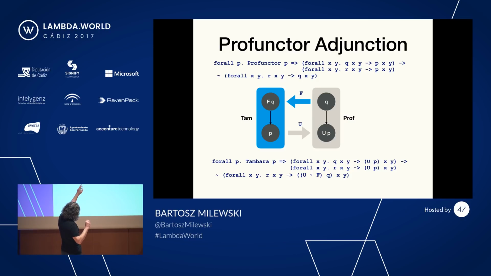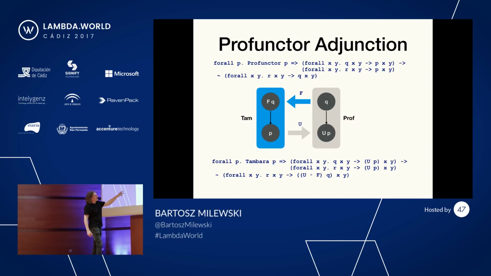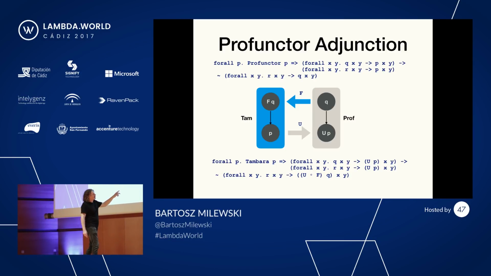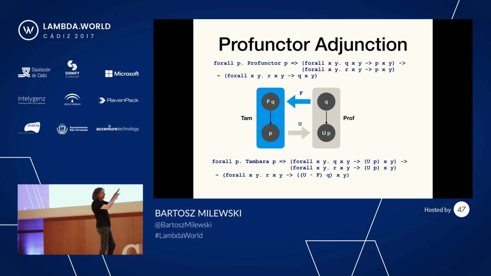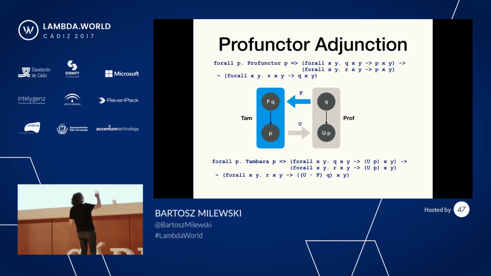So this at the top is just a repetition of the Yoneda lemma in the profunctor category, right? And this is what we get applying it. I have just rewritten the Yoneda lemma in the profunctor category.